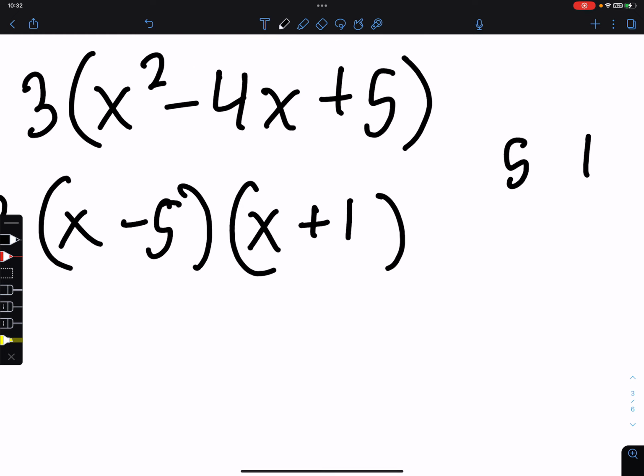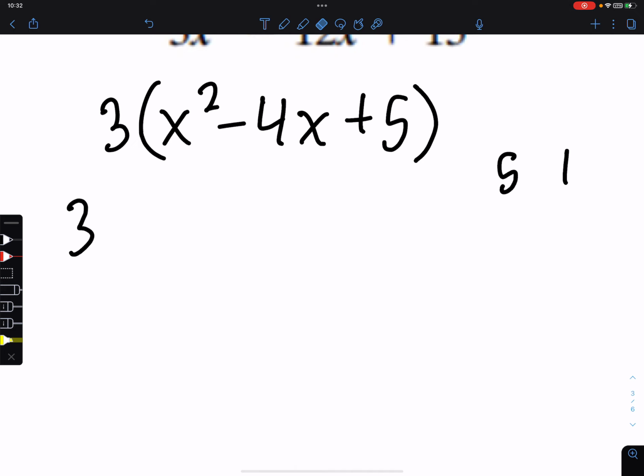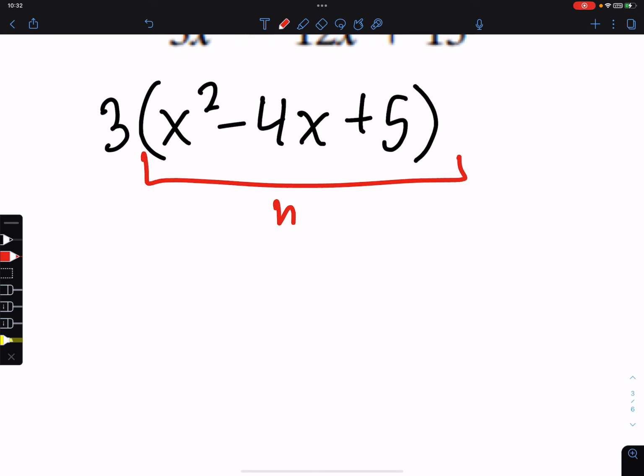But the problem is, sorry, negative 5 times 1 does not give us 5. And so yeah, this doesn't work. And after you think of all of the combinations, you come up with that this piece right here is not factorable.